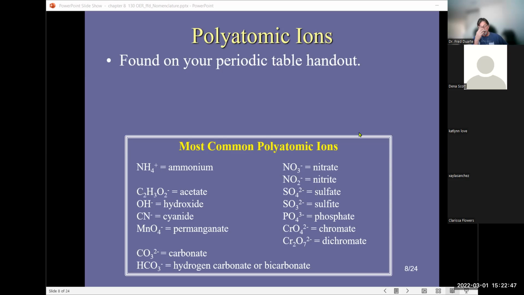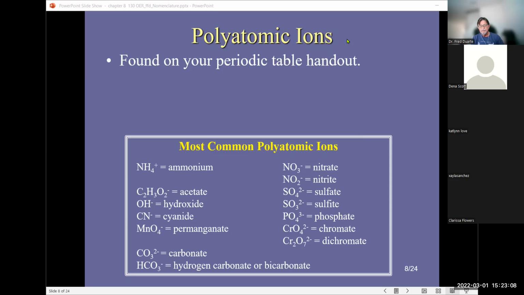These polyatomic ions, we're going to use a lot in this nomenclature chapter, as far as putting them together. The takeaway from this is this. Remember, these polyatomic units come as a packet. We don't separate them.